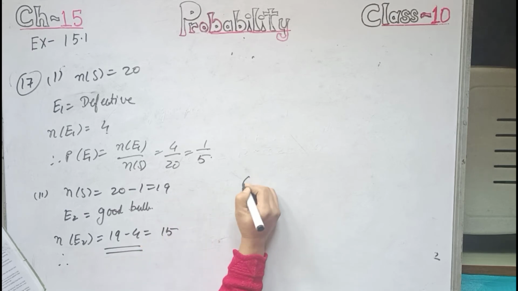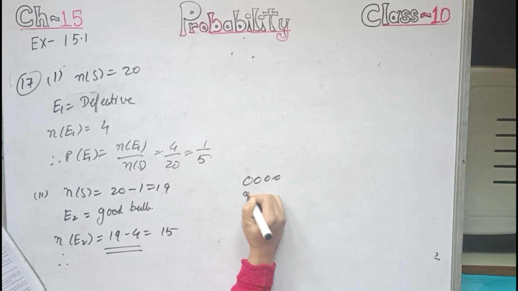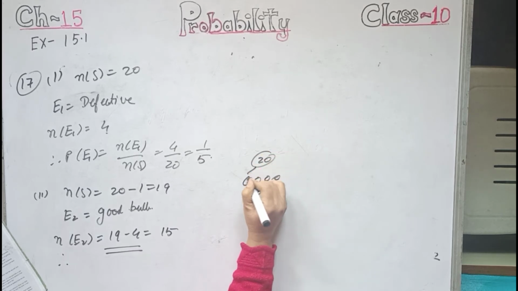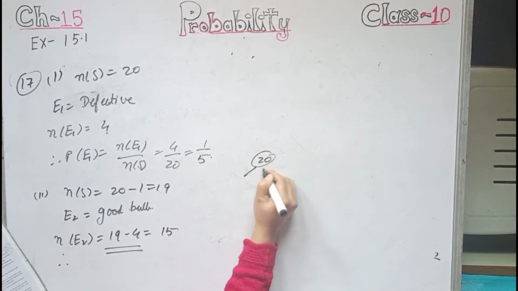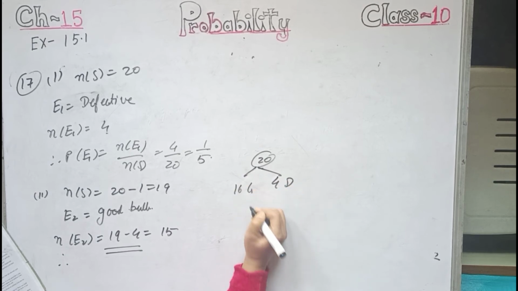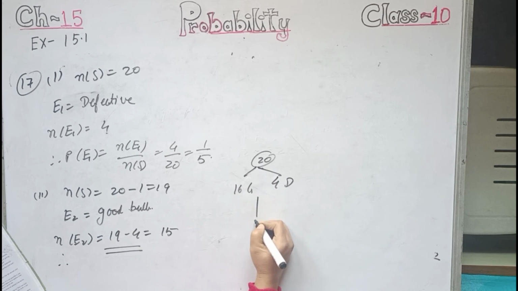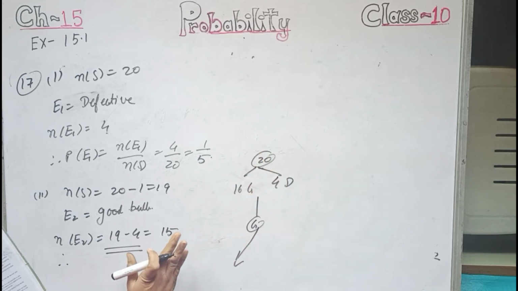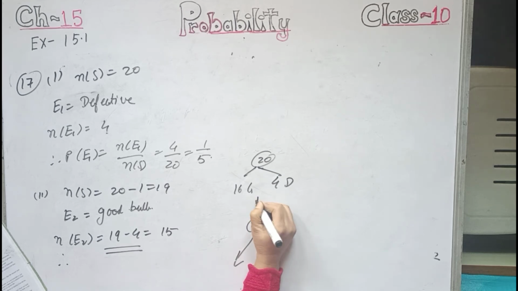I think you understand this one. Over here 20 bulbs are there. In this 20, 4 were defective and 16 were good. Now the question is saying that one good bulb I am taking out, and I am not replacing it back. I am keeping it somewhere else. Now how many good are left?